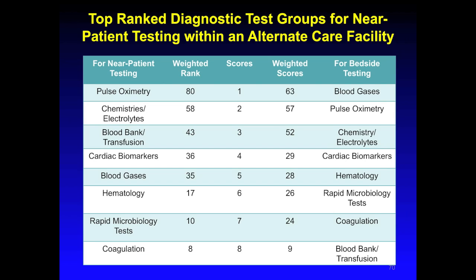The next slide then formalizes this in terms of our results from needs assessment surveys done in follow-up of the tsunami disaster in Thailand, and compares on the left what people wanted for near-patient testing versus for bedside testing on the right.